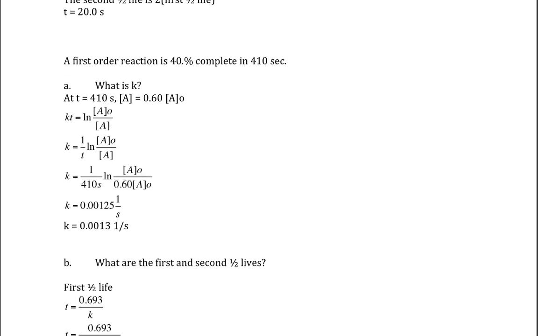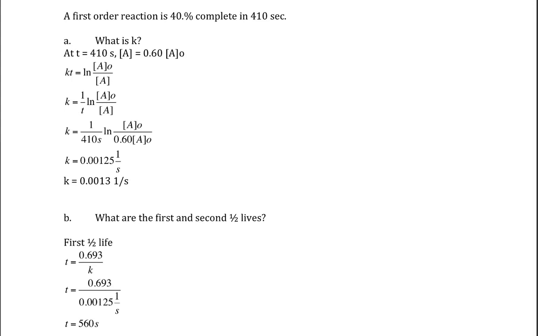Here's a new problem. It's also a first-order reaction. A first-order reaction is 40% complete in 410 seconds. So it's 40% complete. That means 60% of it is still unreacted. It's 60% left to go. Our first part of the problem is, what is the value of K?